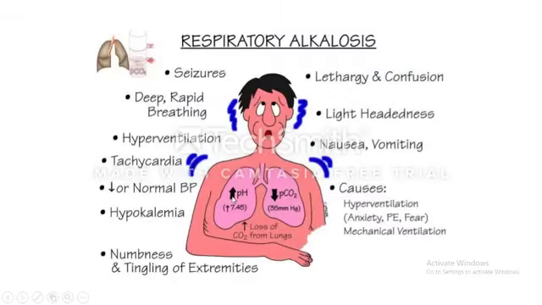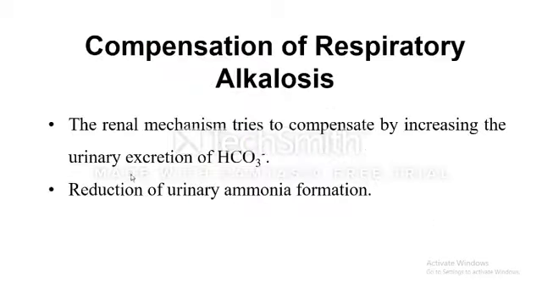This is respiratory alkalosis, and the symptoms can be seizures, deep rapid breathing, hyperventilation, normal or low BP, hypokalemia, lethargy, confusion, lightheadedness, nausea, vomiting, and causes can be hyperventilation, anxiety, fear, mechanical ventilation.